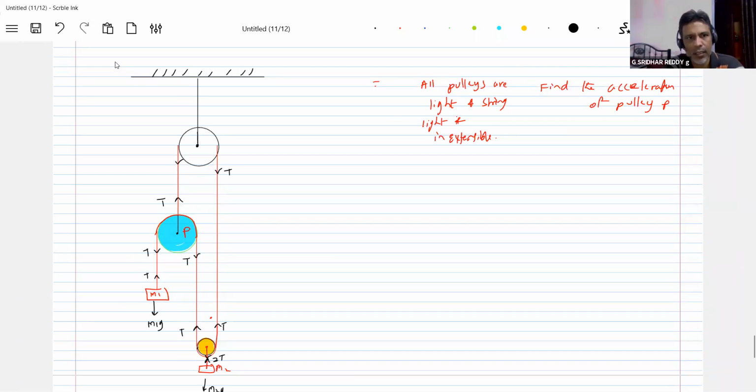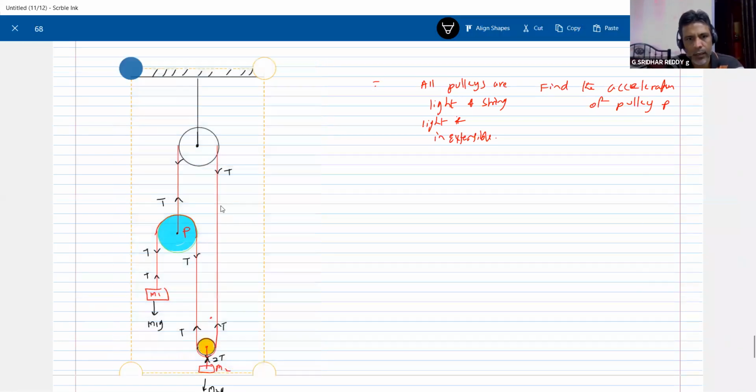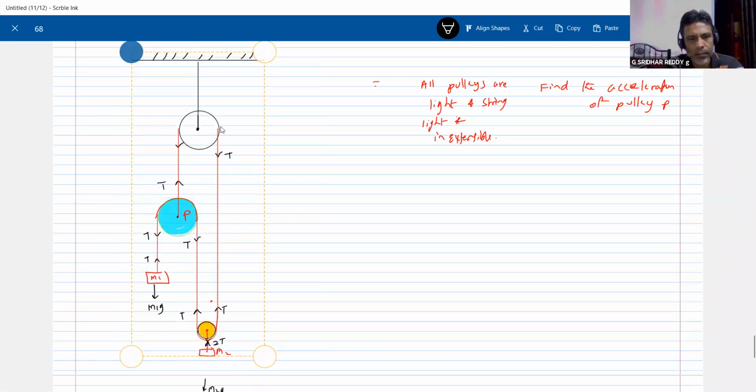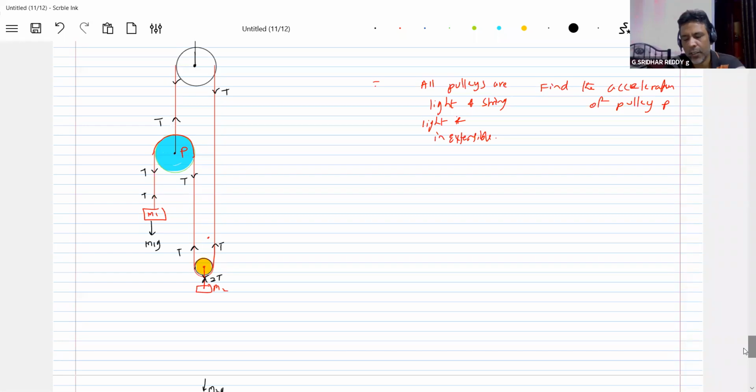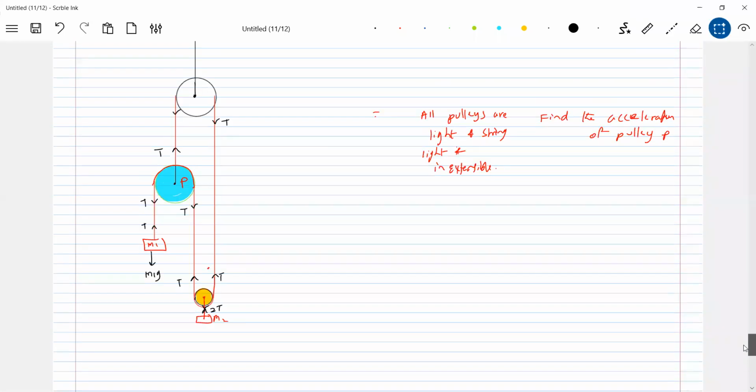So then who is right here? I think, shouldn't that be T by 2?